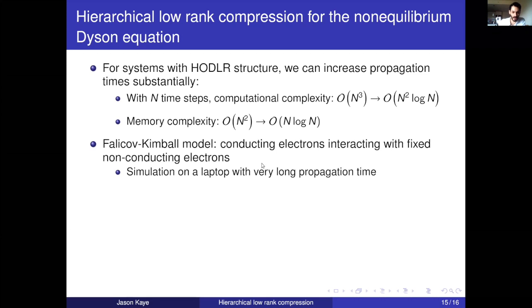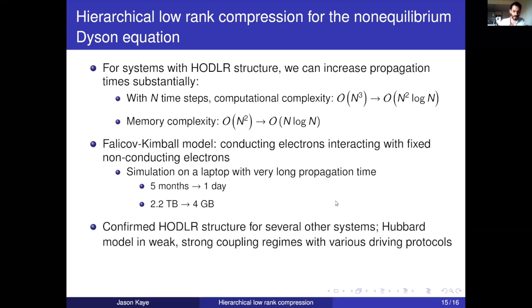I have an implementation on my laptop, and this n tells you how long a propagation time you can go to. Our goal is to do simulations with an extremely long propagation time. We were able to reduce a calculation that took 5 months to a day, and 2.2 terabytes of memory to 4 gigabytes. So this kind of thing can really get you some savings.